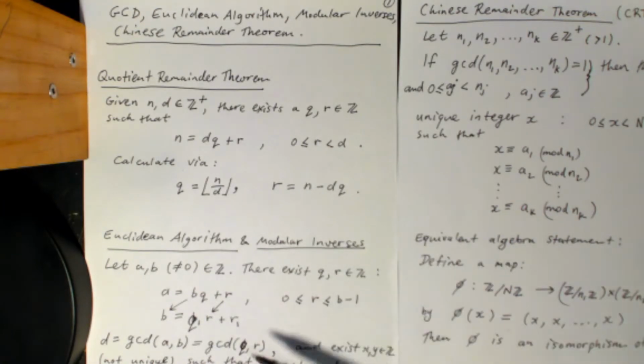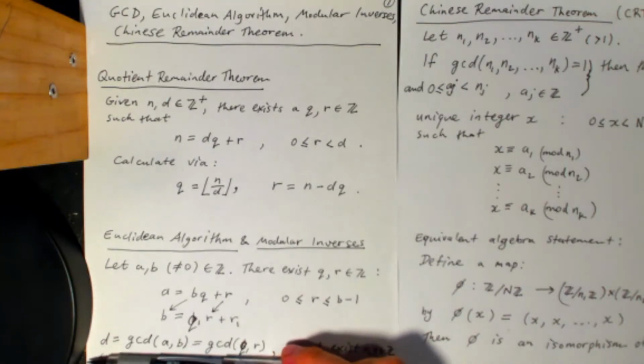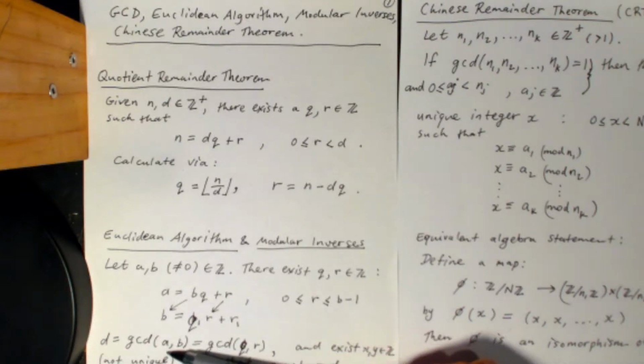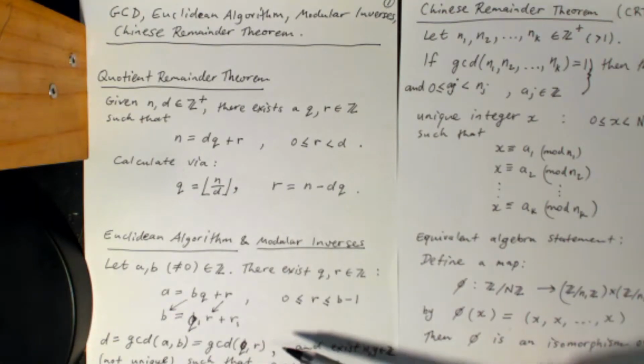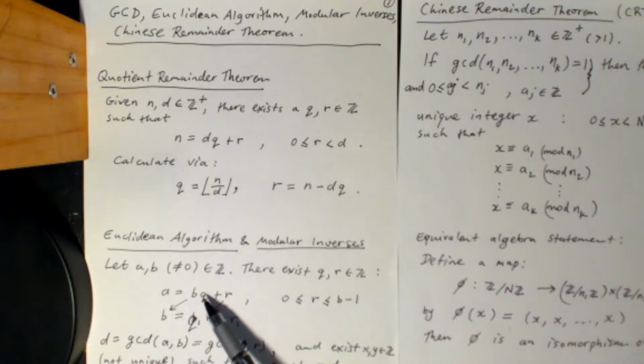What I want to point out here is that the greatest common divisor of a and b is equal to the greatest common divisor of b and r. So when we perform the Euclidean algorithm, we move the b over to be on the left-hand side of the equation, we move the r over, and then we seek a new quotient and a new remainder.